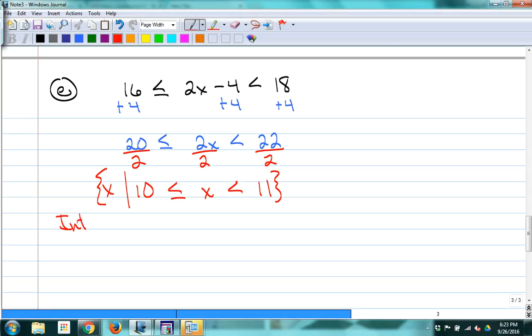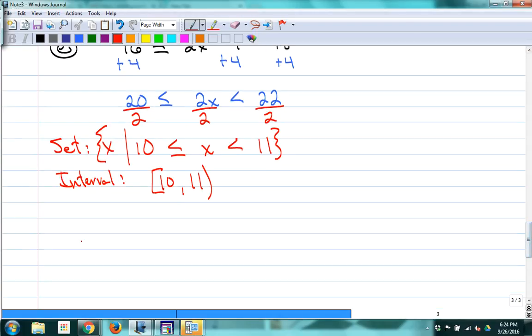Interval. There's our set. Interval, which one's included? The 10 is included because it has the equal to mark. So that would be 10, 11, parenthesis. And then the number line's a little easier on this one. A little short, but hey, no big deal.